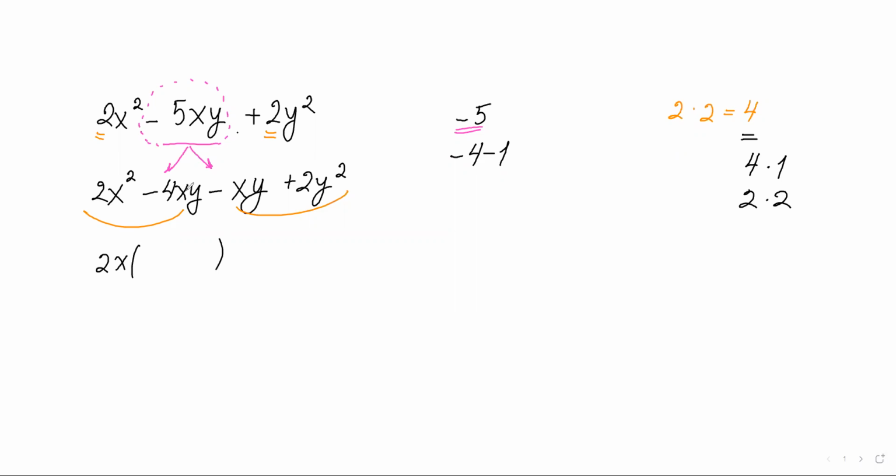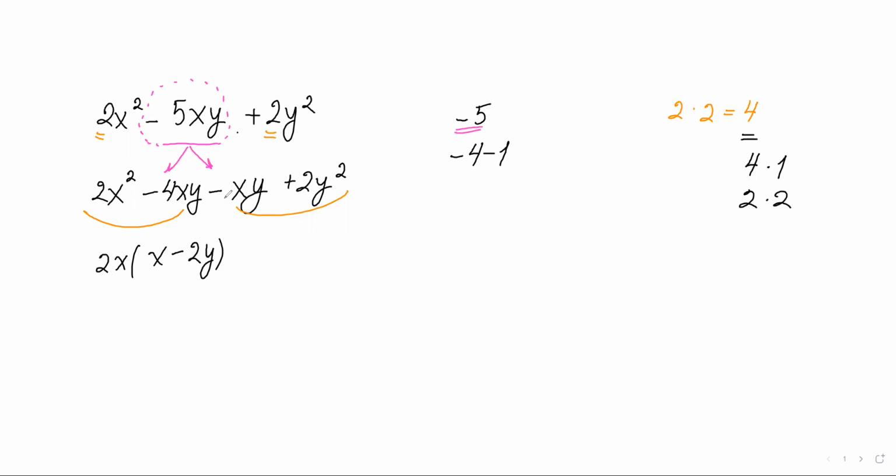Between the first and second terms, 2x is a common factor. When 2x is factored out, taken outside of the brackets, what stays from the first term? x minus 4xy. 2x has gone, 2 stays, and y stays. First group has been dealt with.